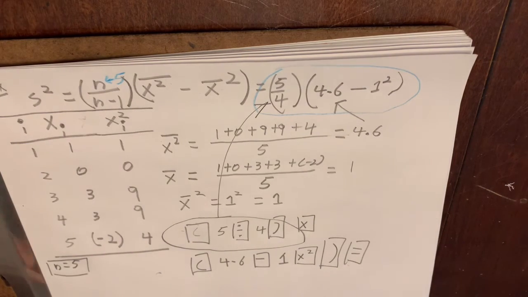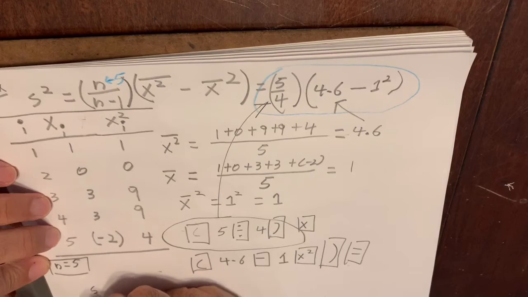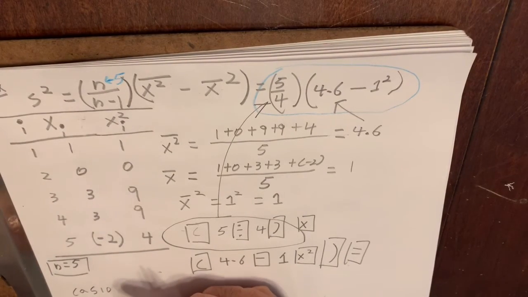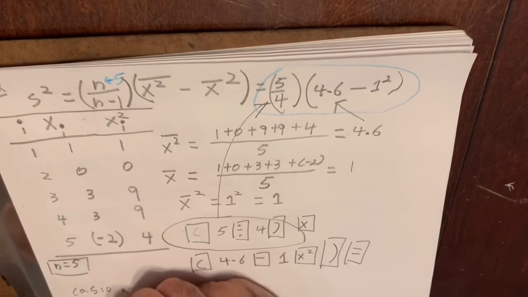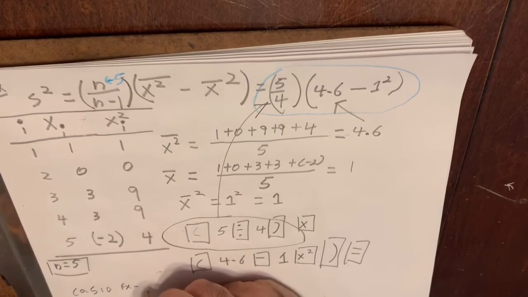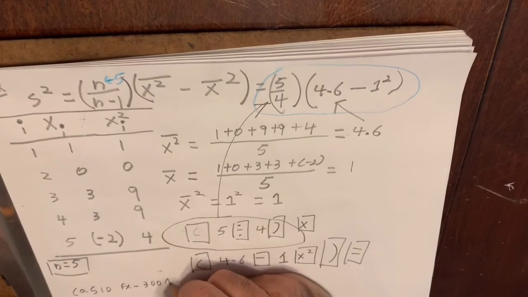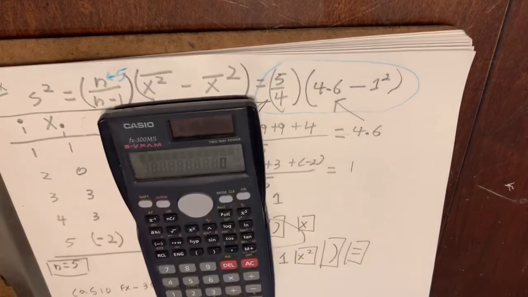Now I happen to be using the Casio. Let me see, which one is it? It's the FX 300 MS. I just looked at it. That's what it is.